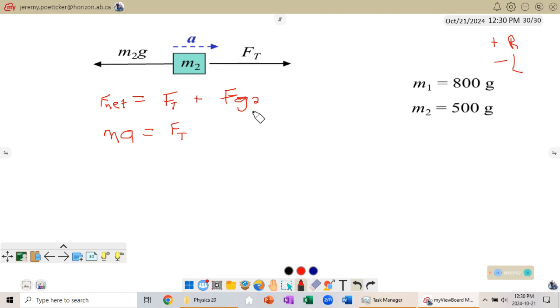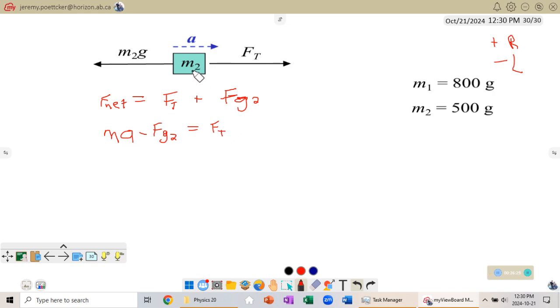And we're going to subtract Fg2 from both sides, so I'm going to rewrite this already. You can see I'm going to do two things at once here. I'm going to subtract Fg2 from both sides, and also substitute in mass times acceleration for Fnet. And that's going to give me my tension force.